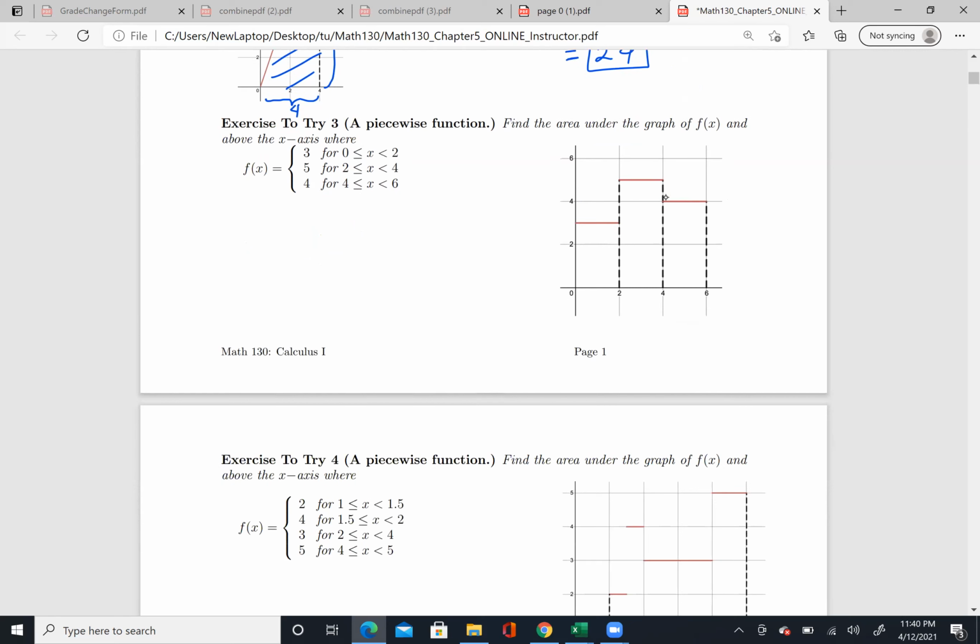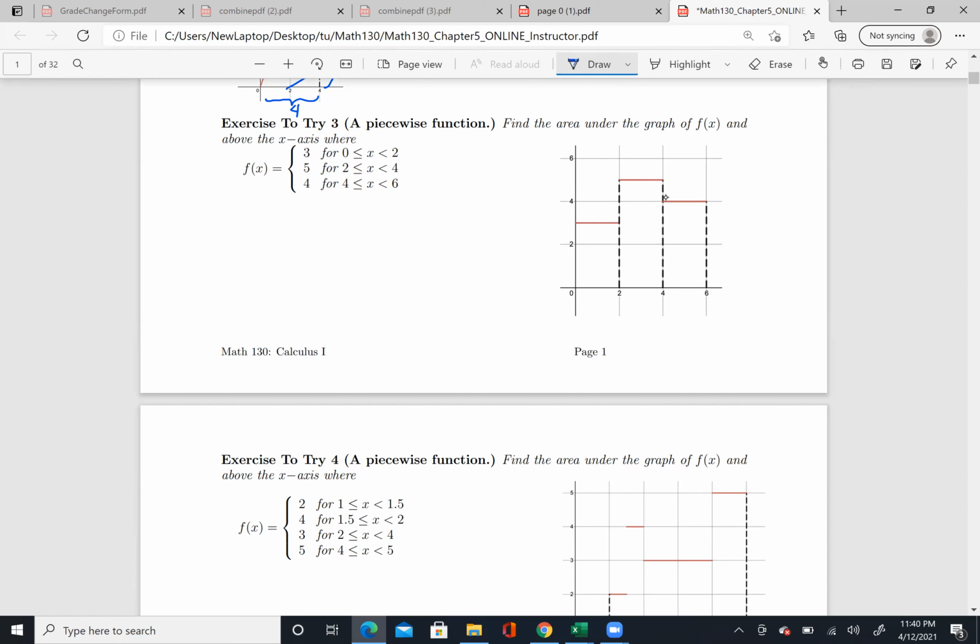Now, let's make it more complicated. We have exercise number 3, a piecewise function, right? We want to find the area under the graph of f(x) and above the x-axis, where f(x) equal to 3 for x from 0 to 2. So here is y equal to 3, see that?